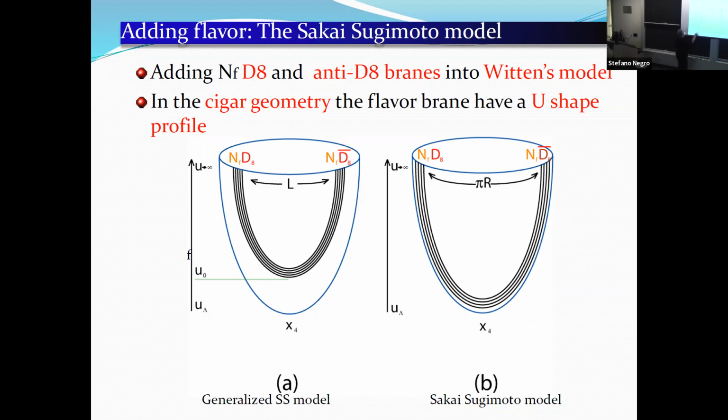But you can show that this is a solution, and moreover, this is not always very convincing, that it's stable. You may think that a small perturbation will bring it to antipodal. The answer is no. All this is done in the limit of NF over NC being very small. We did the back reaction analysis, and we found that it is stable.